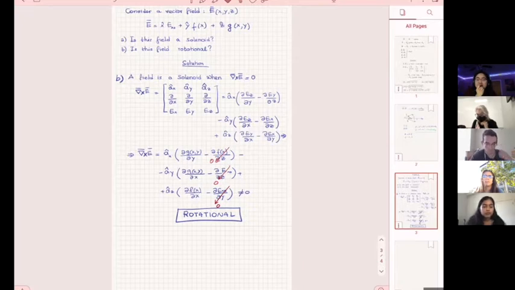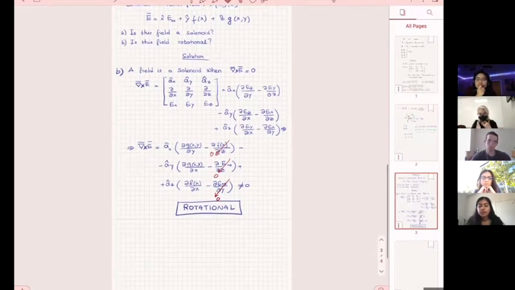So the curl here, which is not 0, tells you that it is rotational, meaning it turns. It makes rotations, not perfect rotations, but it will turn in places. Let's see whether it's a solenoid though, as this happens.